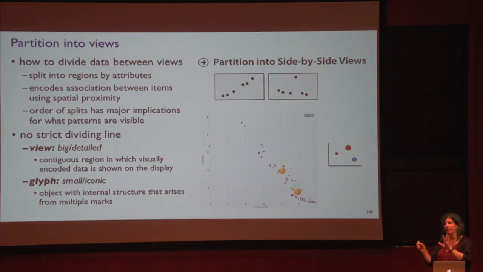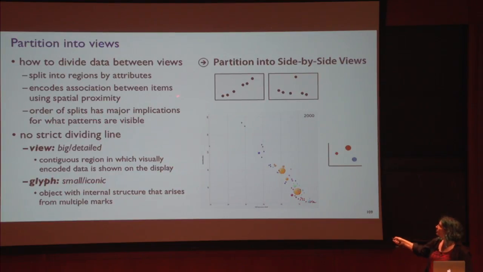So we've talked about the idea that there's power in views that are side by side, but how do you decide how to split things into those views? And so what is actually happening when we're using multiple views? There's something a bit deep here in terms of cognition. What we're doing is we're splitting into spatial regions according to some attribute value.